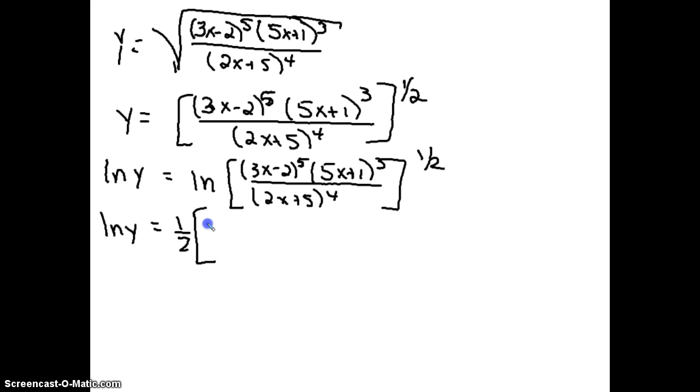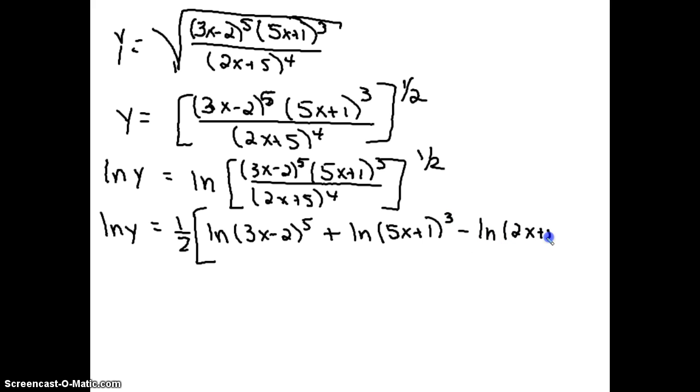So I'm going to get the ln of (3x minus 2) to the 5th plus ln (5x plus 1) to the 3rd minus ln (2x plus 5) to the 4th.